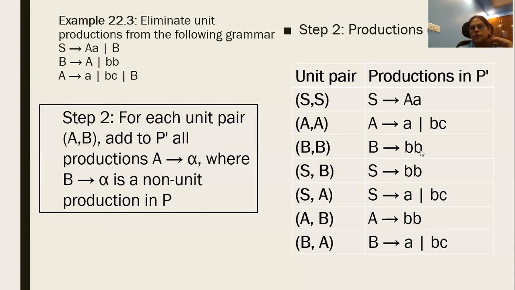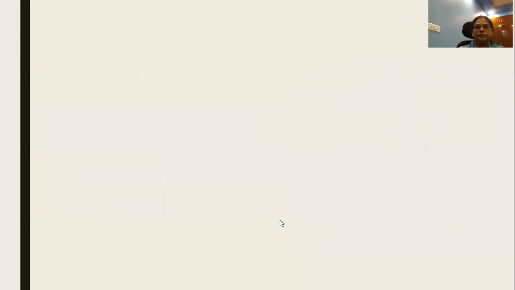There's only one non-unit production of B, B derives b. So to S, you copy the right hand side of B. Similarly here, you copy the right hand side of A. For (A, B), you copy the right hand side of B here, and for (B, A), you copy the right hand side of A over here. So these are the set of productions in P', and this becomes your final grammar.